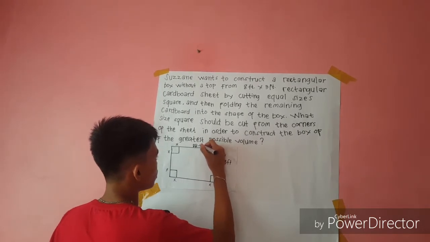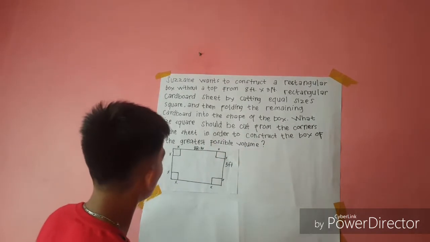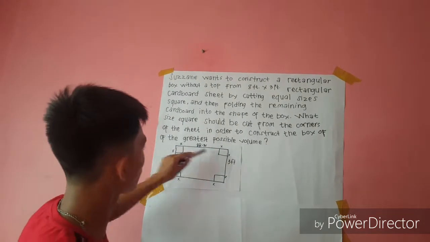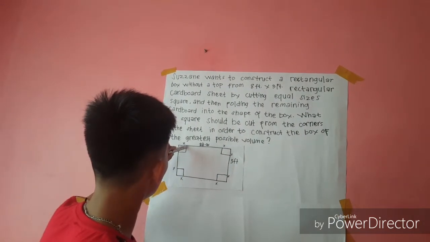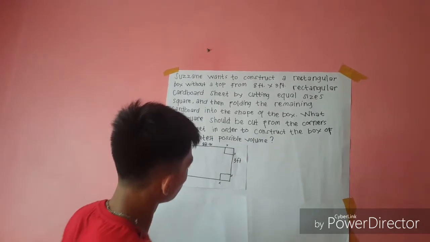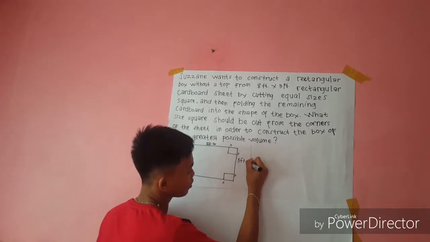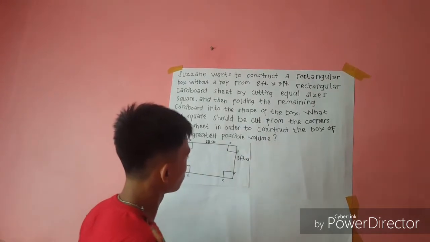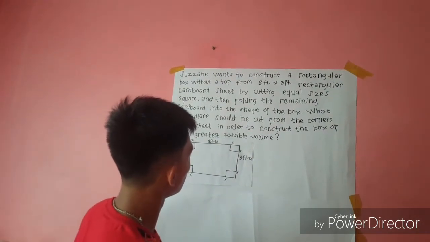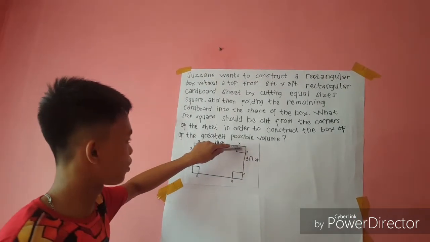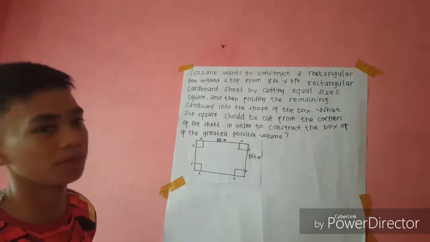because of this cutting of equal size. Same as here, we're gonna put a minus 2x here because of the cutting of equal size in the cardboard.